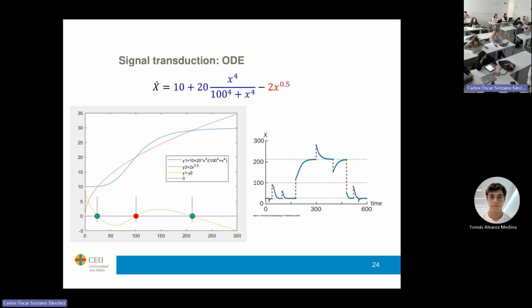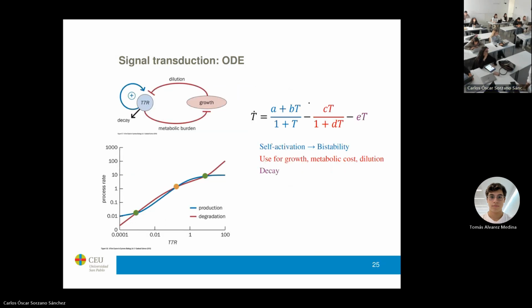So these are differential equations in general. What about systems biology? We are simulating the behavior of molecules inside the cell. Let's say that this is our circuit, and this is the creation.